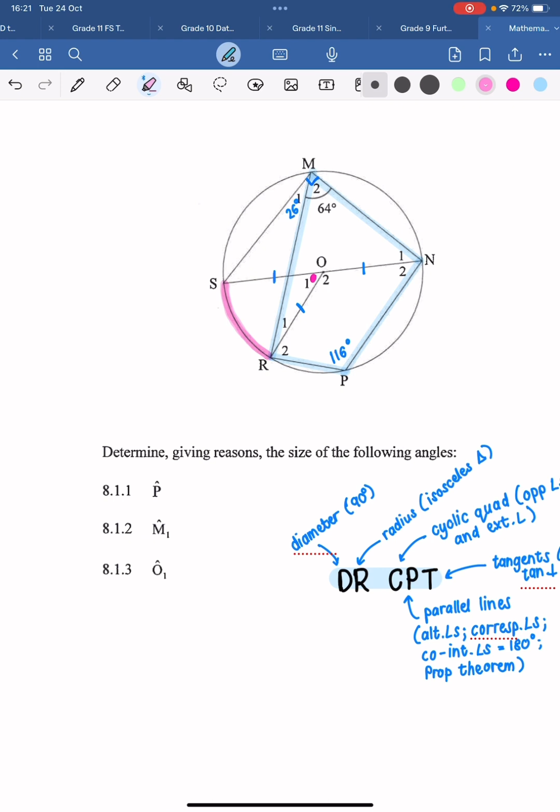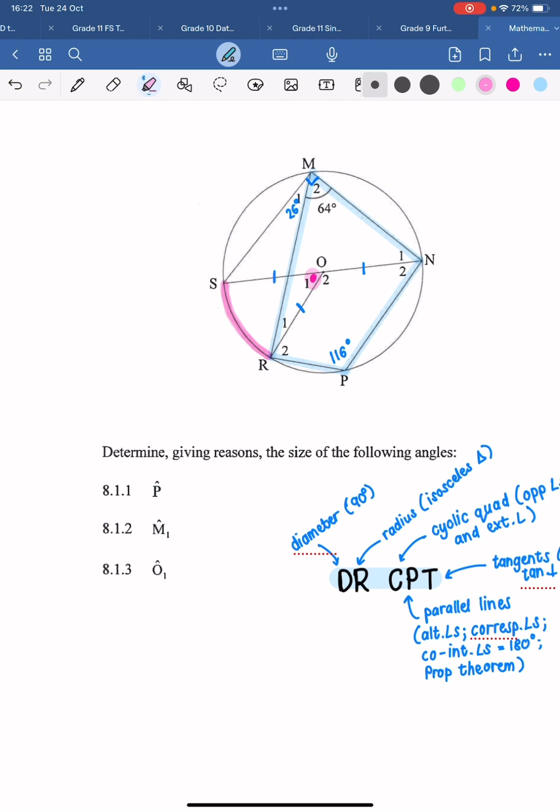We know, hopefully by now, that an angle subtended at the center of a circle is always double the angle subtended at the circumference by that same arc. So M1 is 26. That means that O1 has to be double, 26 times 2, so 52 degrees. So do you see what I mean? We had to use our answer to 8.1.2 in order to find the answer to 8.1.3.